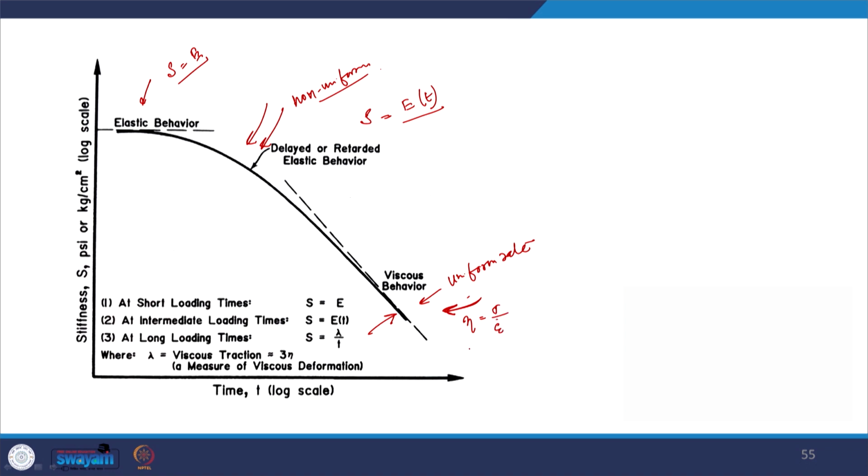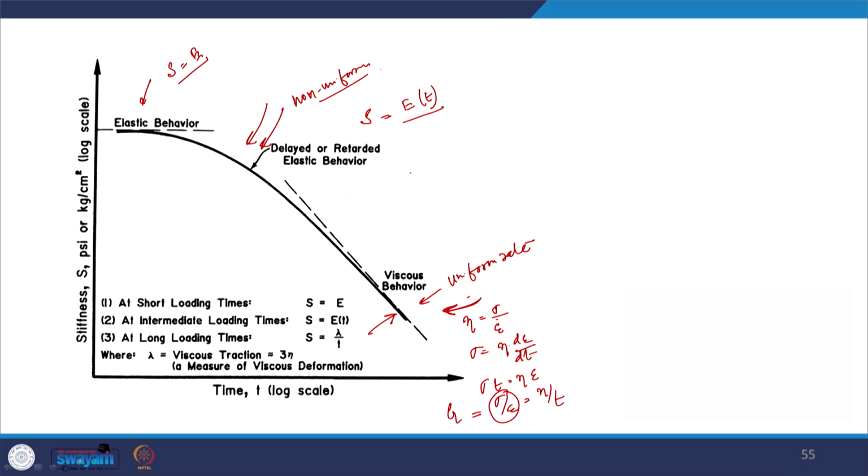For instantaneous loading, sigma is equal to eta dE upon dt. For instantaneous loading, we can write that sigma t is equal to eta E. So, sigma by E is equal to eta by t, and here this sigma by E is a representation of the shear modulus, let us say.